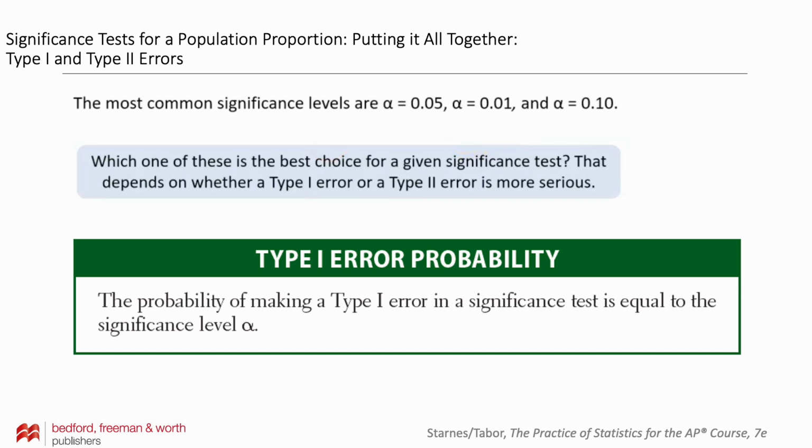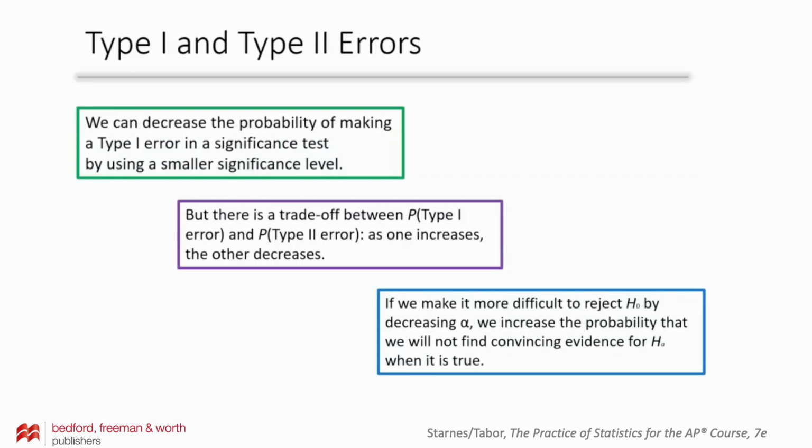Okay, so the type 1 error probability is the probability of a type 1 error, and the significance level is equal to the significance level alpha there. So we can decrease the probability of making a type 1 error in a significance test by using a smaller significance level, but there is a trade-off between the probability of type 1 error and the probability of type 2 error.